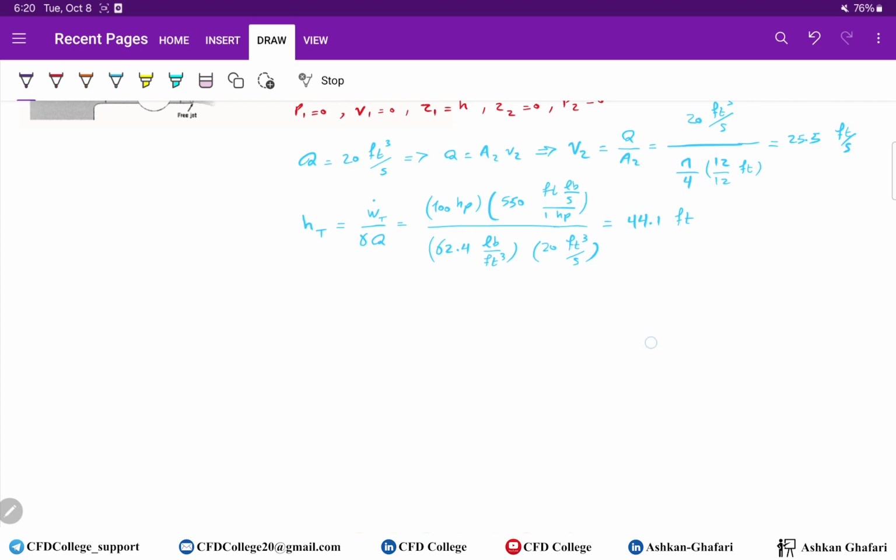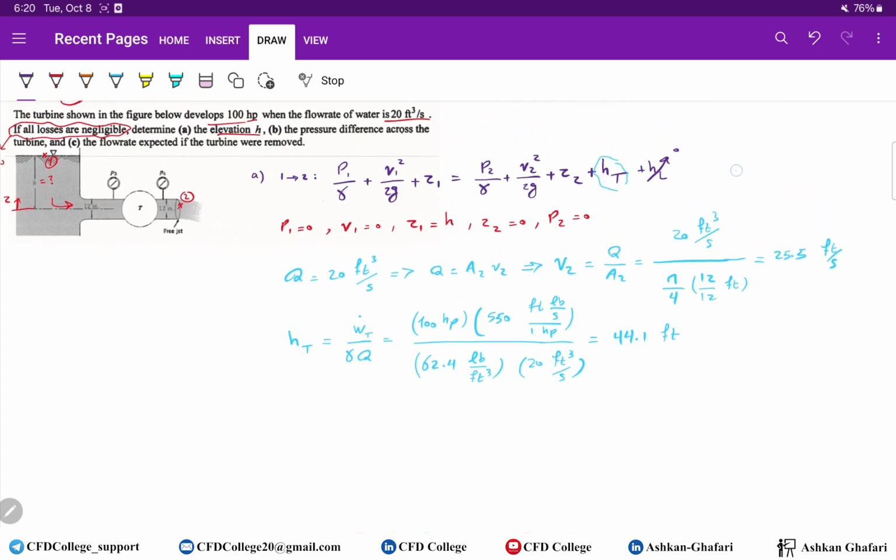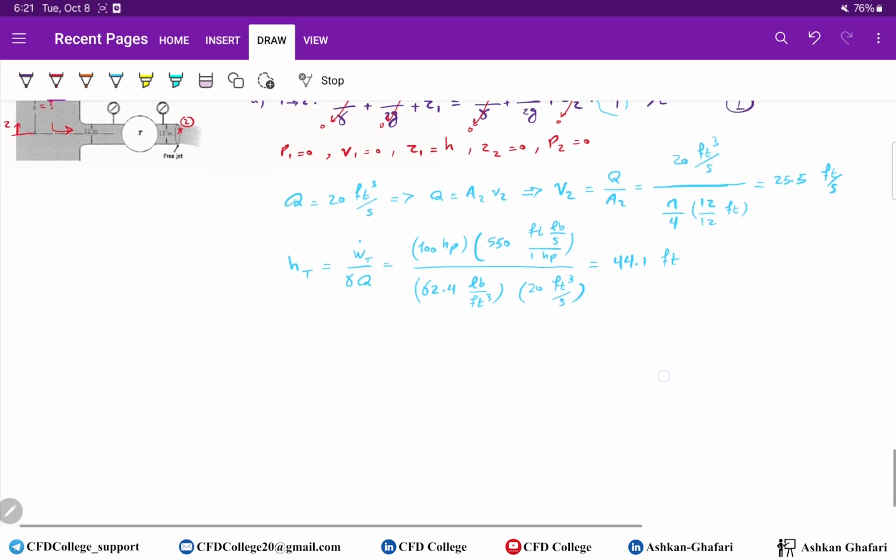Now we can solve the problem. This is energy equation, equation 1. As we know so far, these terms are 0, and we only have 1, 2, 3 terms.